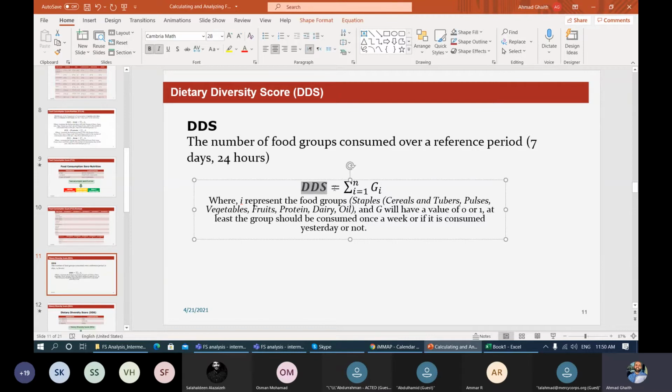And so this one is very simple. It's the sum of the number of groups that were eaten over the course of the week. In this case, G will have a value of 0 or 1 depending on whether or not the group was consumed in the week.